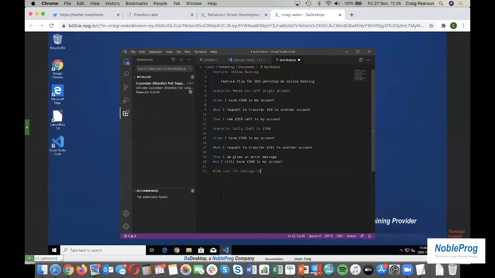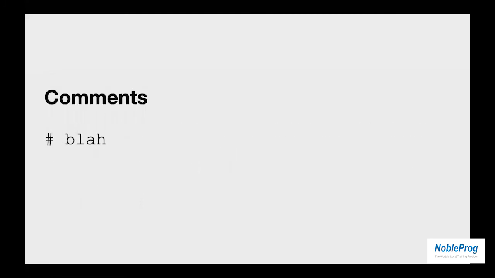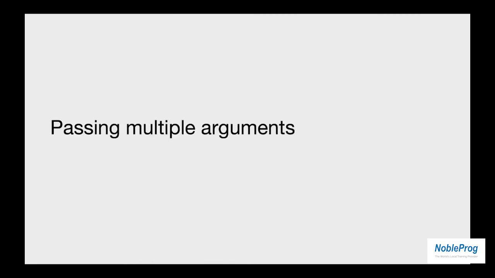We might be chatting with the users and say, well, okay, what kind of message text would you see? And that would be a reminder that we want to go and see the user. And we can put these comments pretty much wherever we want. And as you can see, they're in green. It just helps you add a bit of description and a bit of narrative to these files. Okay, so we can add more text as much as we want.